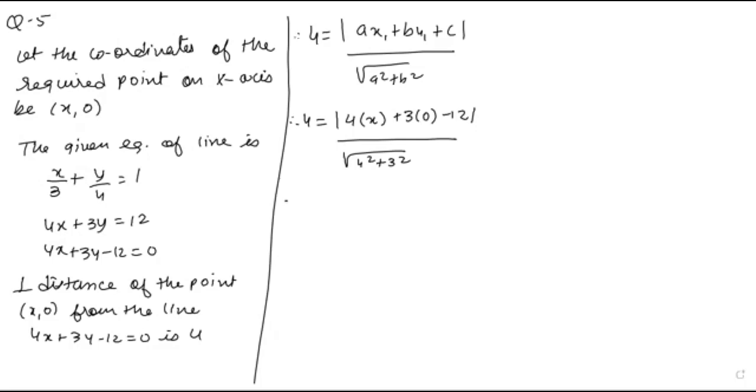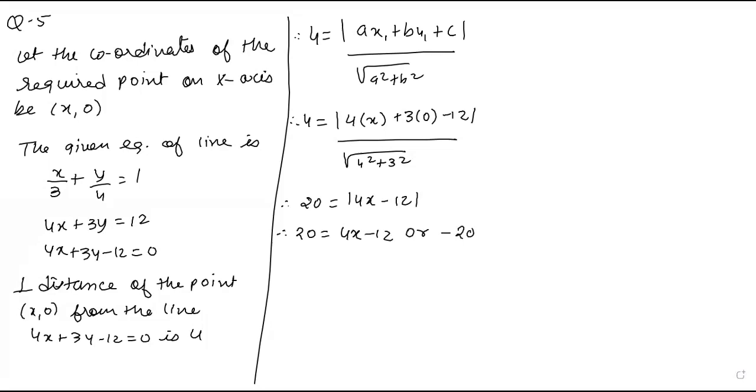I know the 3, 4, 5 is a Pythagorean triplet. So 5 fours are 20 is equal to mod 4x minus 12. Now if I want to remove this mod, then I will take one positive value and one negative value. So this will be 4x minus 12 equal to 20, or x is equal to 8.